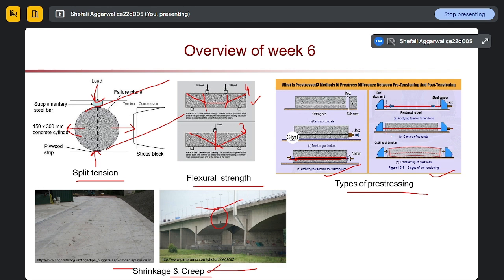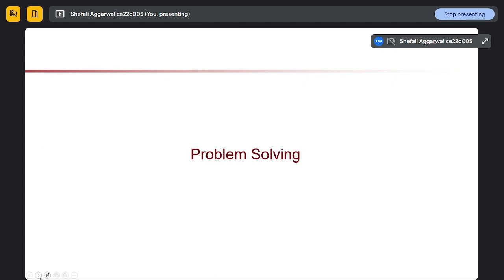The main chemical admixture which has been used in the industry is the superplasticizer. Chemical admixtures can be a water reducer, a superplasticizer, or an air entrainer.